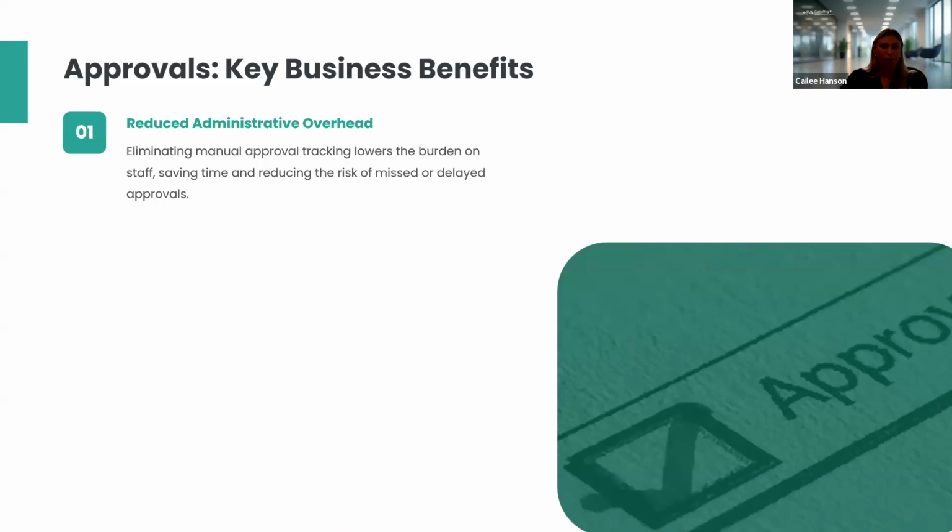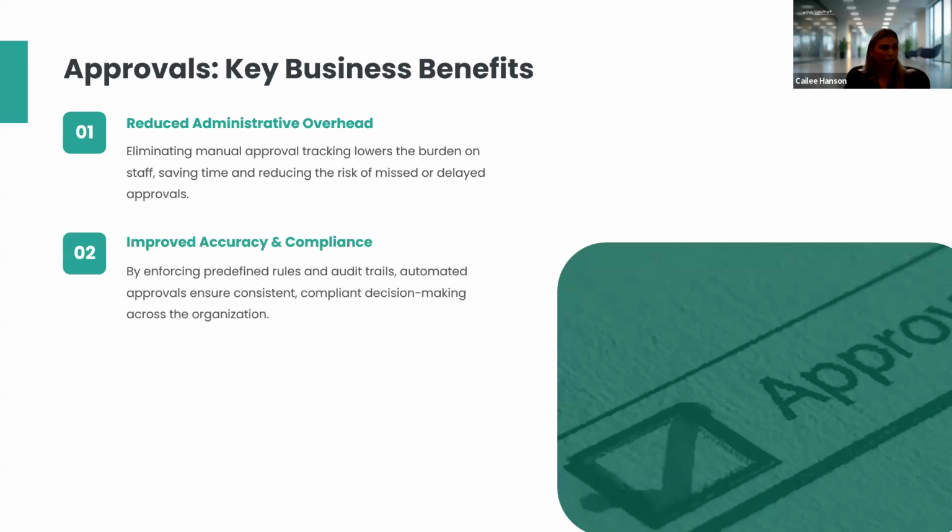When we work with customers, often coming from legacy systems where this isn't native in the software, the approvals may actually be a signature from an executive. You have to walk down maybe the hallway, get that. Again, that can take some time. It can be hard to keep track of. So in this case, having this all automated within Acumatica can really reduce that risk and streamline that approval process as well.